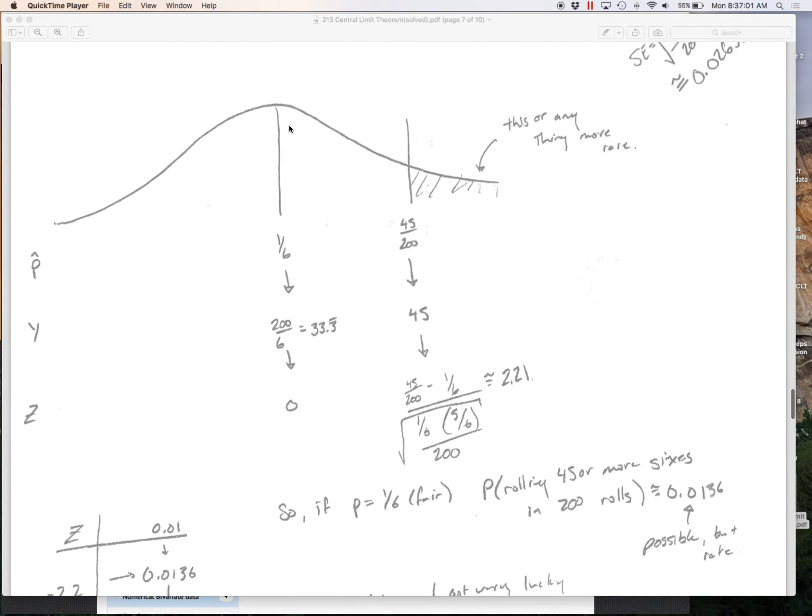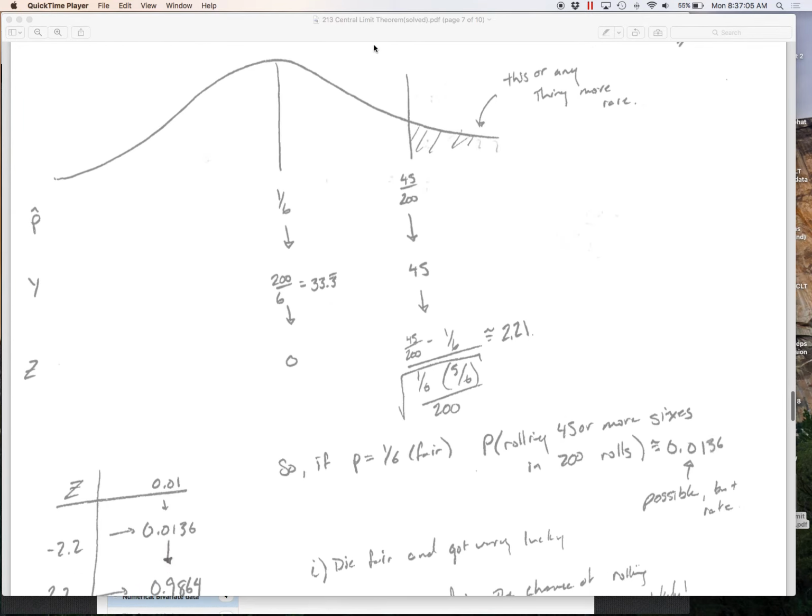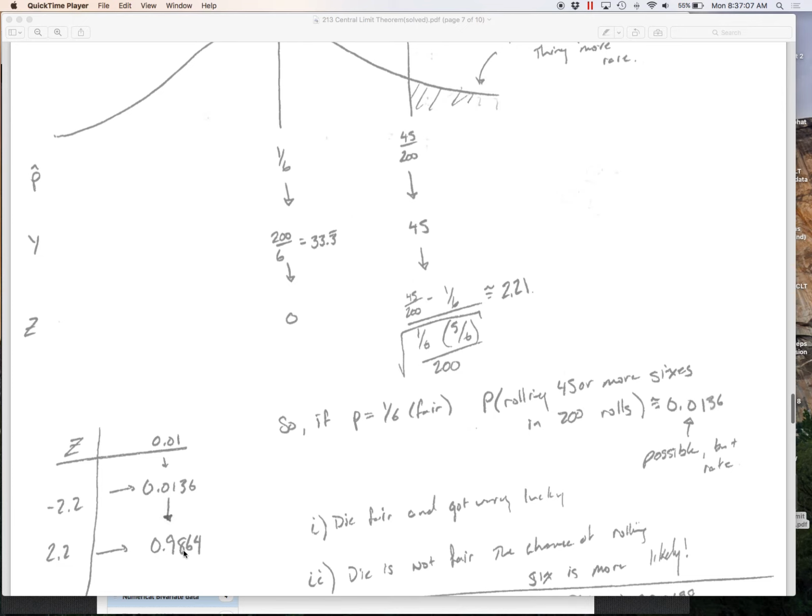This is 98.64%. So this area, from this point all the way over here, the likelihood of being there is 98.64%. 1 minus that, this area out here, is then somewhere around 1%. So 1 minus 98.64 happens to be 0.0136.